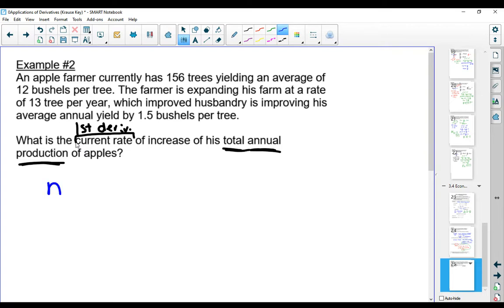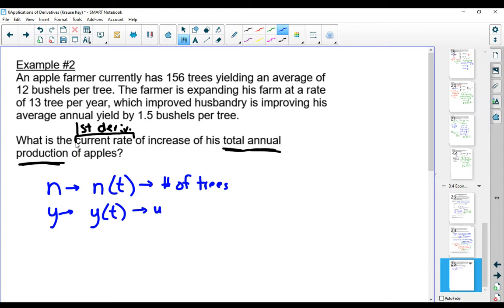So we're going to define our variables as n of t, so we're talking about time, is the number of trees, and y is going to be our yield per tree as a function of time, so t years from now, t being time.